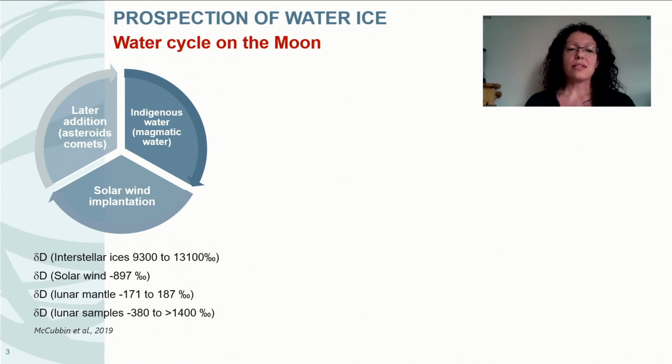It will range from minus 900 per mil if it comes from solar wind implantation, up to plus 30,000 per mil if it comes from interstellar ices. So up to now, the lunar sample analyses have shown a very wide range of hydrogen isotope signature.